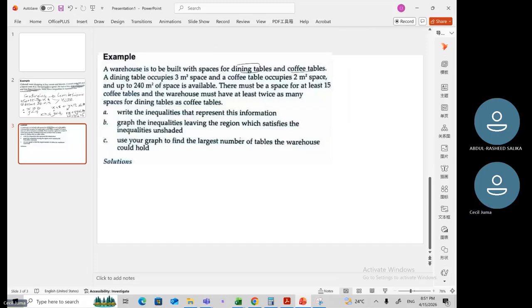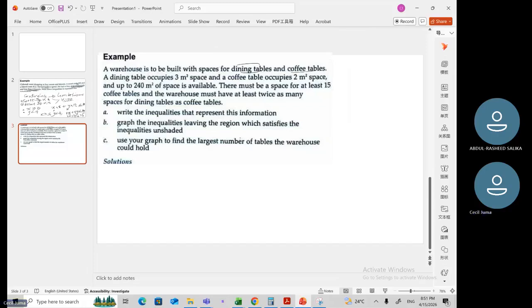But you have limitations whereby a dining table can occupy up to 3 square meters, while a coffee table can occupy up to 2 square meters of space. The total space that you have is 240 square meters available. So you have other important issues.